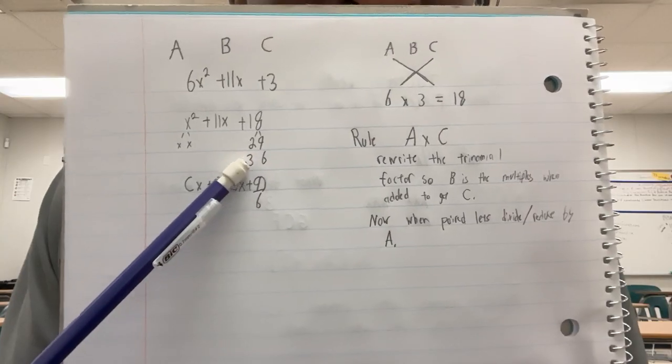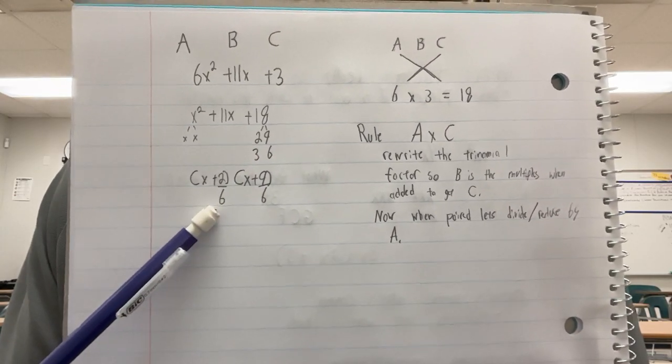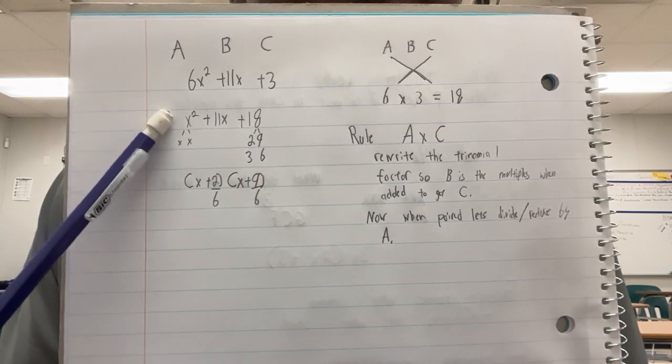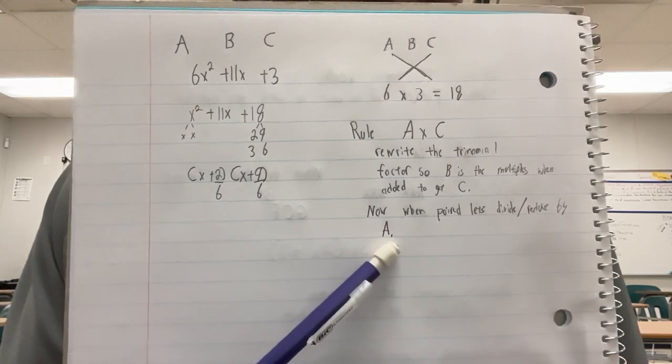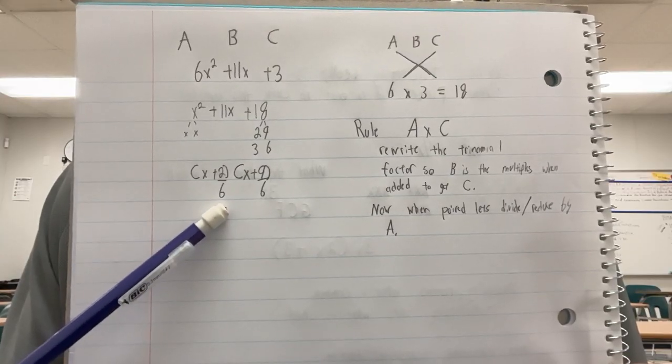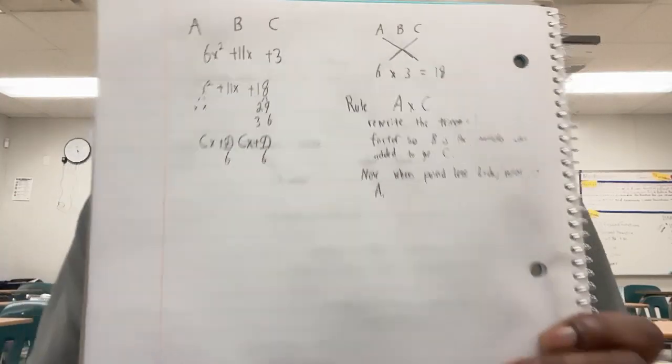My multiples. Now I go, hey, 2, 9, I multiplied everything originally by 6. So now let's divide it. Let's reduce it by A. Let's divide this by 6. Let's divide this by 6. If I can't divide it, well, hey, we're factoring for a reason. Let's reduce it. 2 and 6, what do they have in common? 2. 2 can be divided by 2. 6 can be divided by 2.